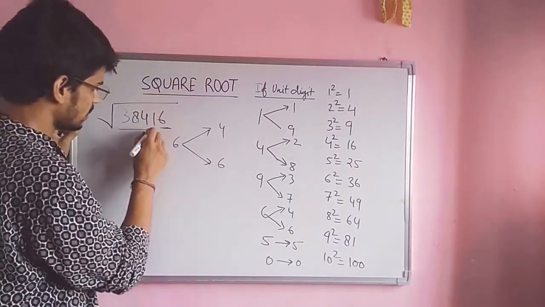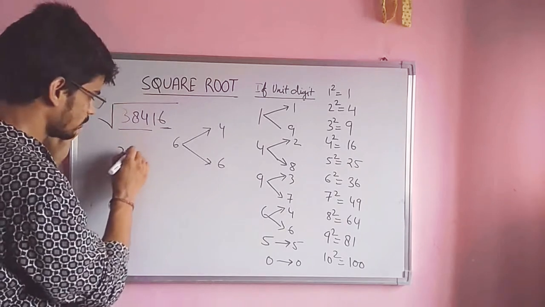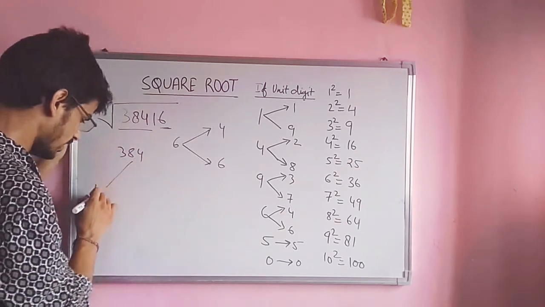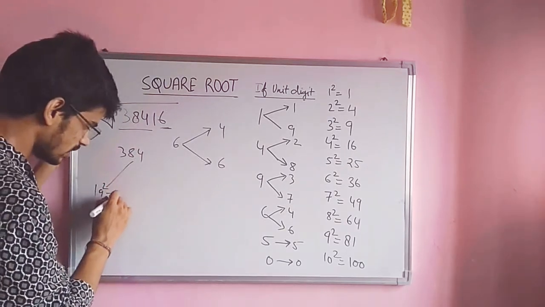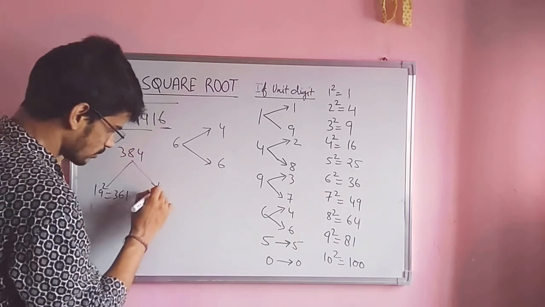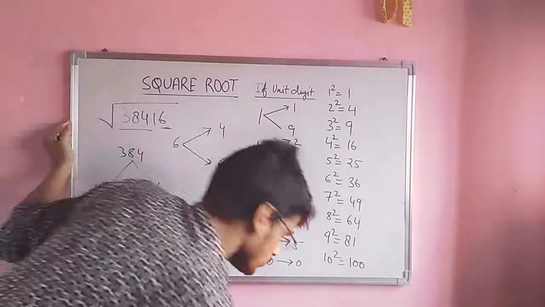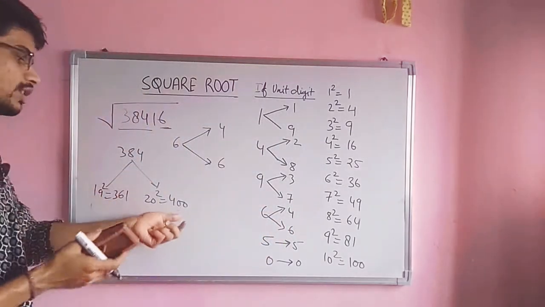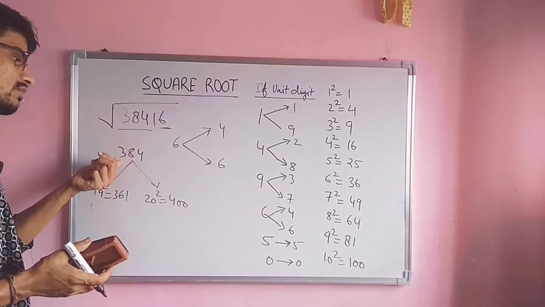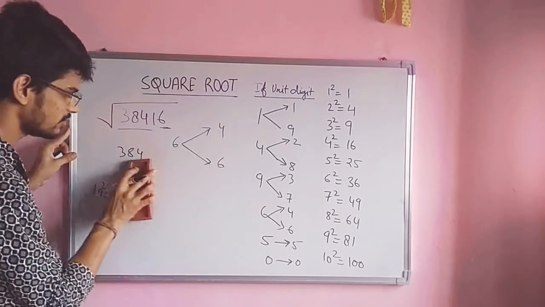Next, consider the first three digits. 384 comes under what? 19 square is how much? 361, and 20 square is how much? 400. 400 is greater than 384. That's why we leave this value.